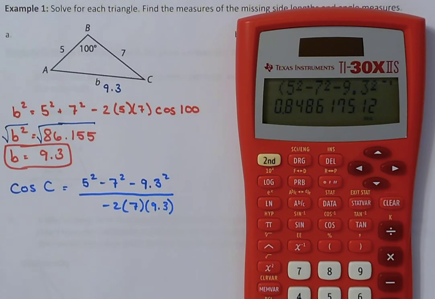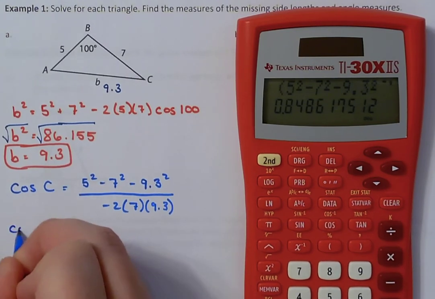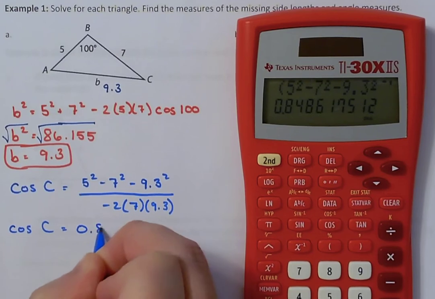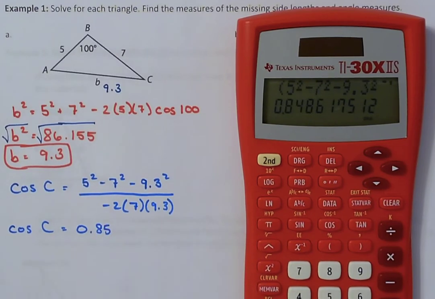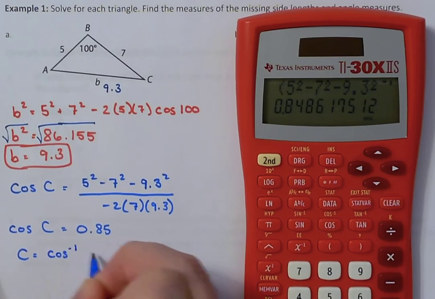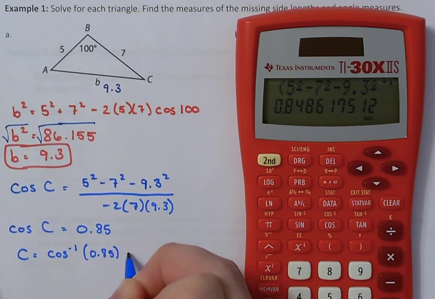So we're just going to go ahead and round this to 0.85. So we're going to do cosine C equals 0.85. So then to figure out what the measure of angle C is, we're going to do C equals cosine inverse of 0.85.